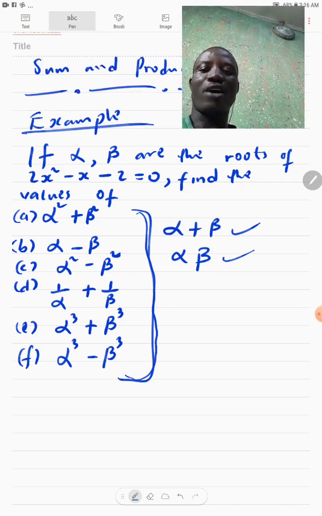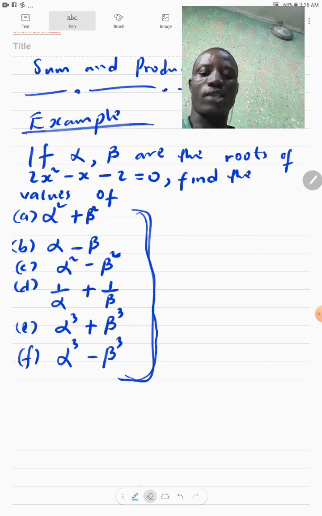We have: if alpha, beta are the roots of 2x squared minus x minus 2 equals 0, find the values of the following. So let's try to do that.